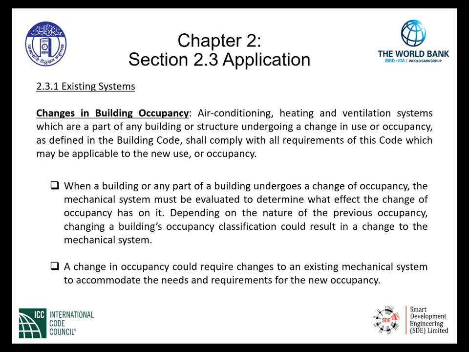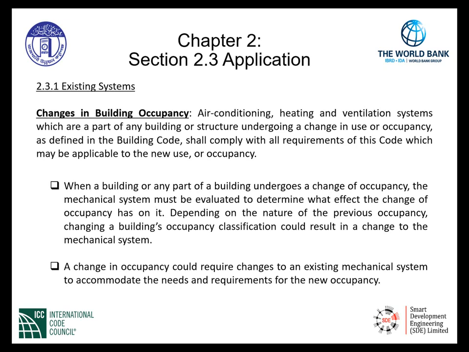When a building or any part of a building undergoes a change of occupancy, not only the building but the mechanical system must be evaluated to determine what effect the change of occupancy has on it. And depending on the nature of the previous occupancy, changing a building's occupancy classification could result in a change to the mechanical system.